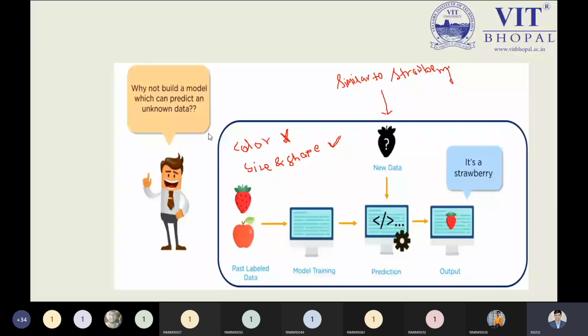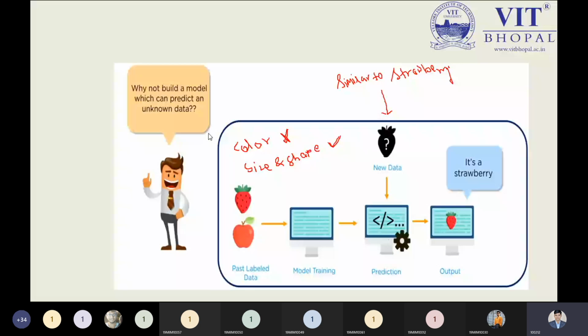Based on the features, this object will be identified. What feature am I choosing to build my model? Of course, that is the size and shape of the fruit rather than the color. That is the point you need to keep in mind. And the size and shape of this new input object is similar to the strawberry, as you can observe here.